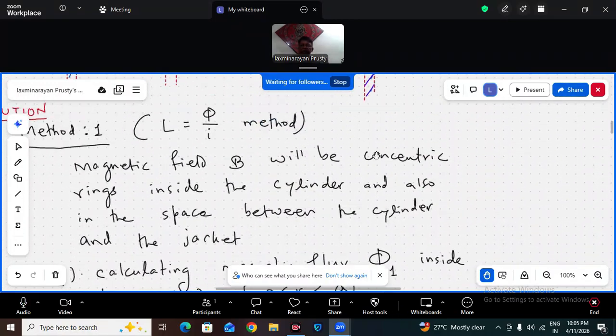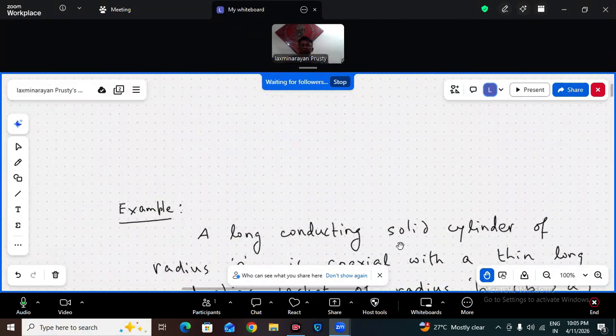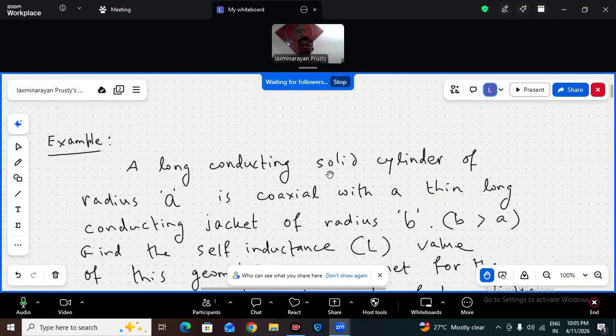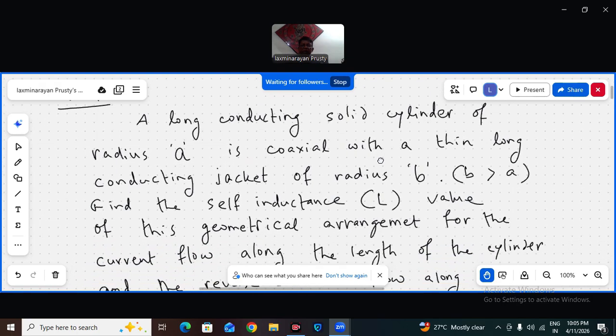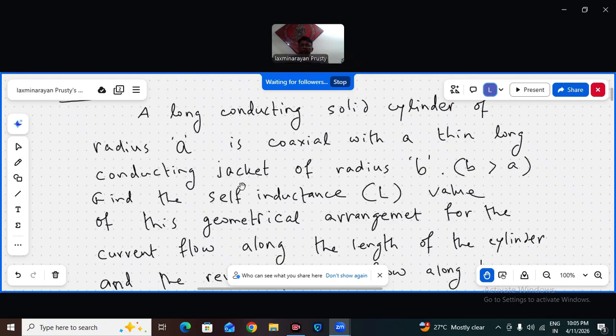एग्जाम्पल लेंगे इसमें. एग्जाम्पल ये है, a long conducting solid cylinder, long cylinder of radius small a is coaxial with a thin long conducting jacket of radius b greater than a.